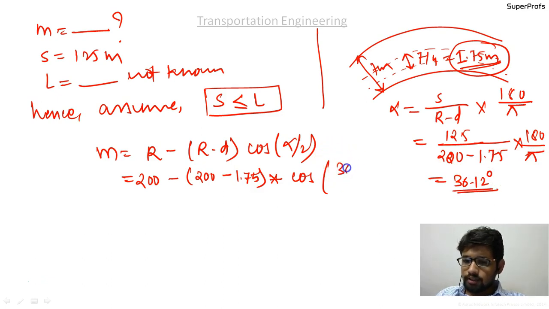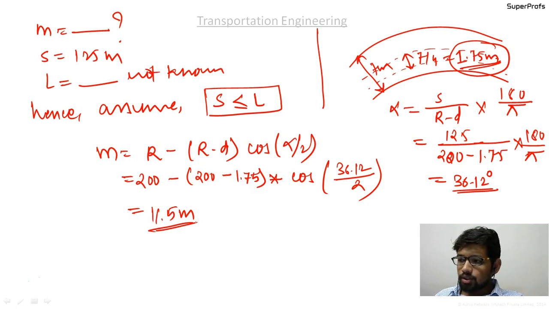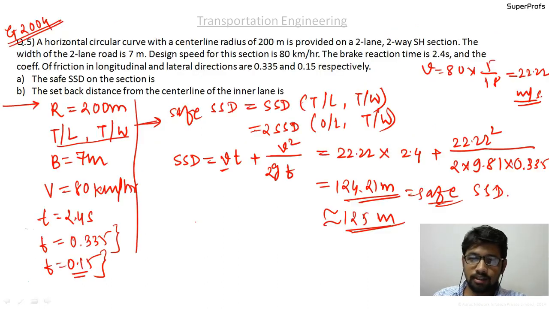So cos of 36.12 by 2 gives m equal to 11.5 meters. Now, what is the question asked? Please check.